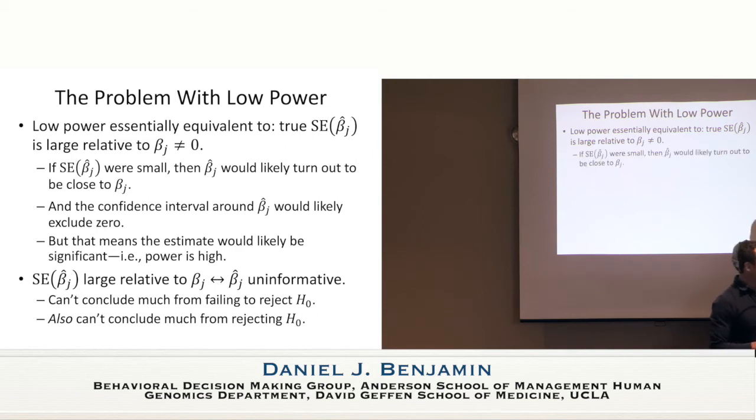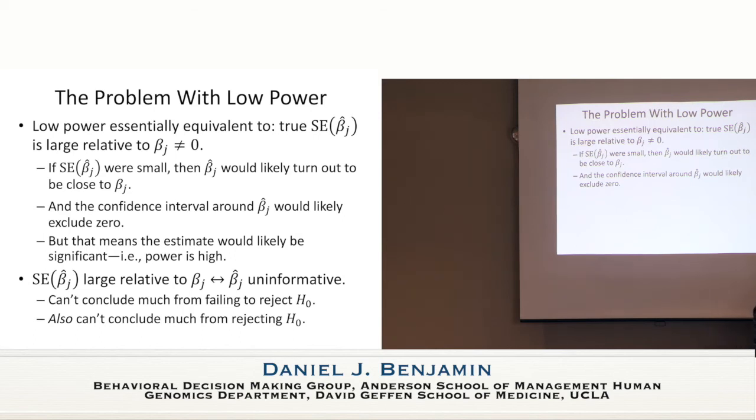So if the standard error of your estimate is small, this high power situation, then it's very likely that your estimate is going to end up being close to the truth. And it's likely that the confidence interval around your estimate is going to exclude 0.